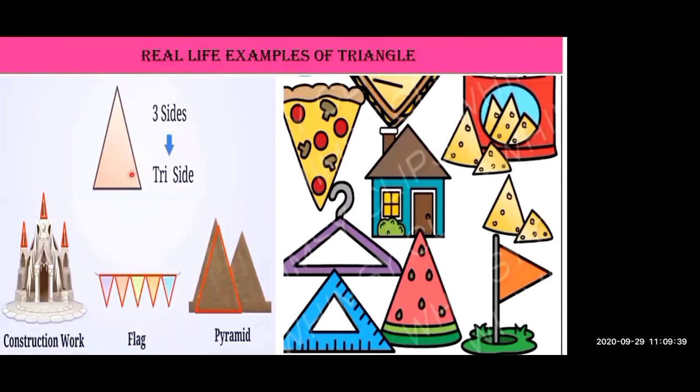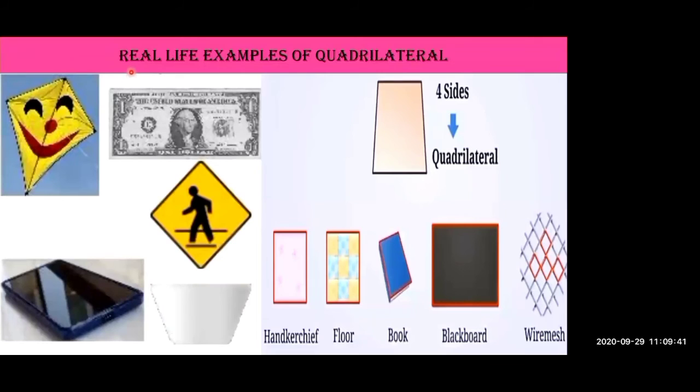Now these are the real life examples of quadrilateral. Kite, note, this signboard. Even our mobile phone is also an example of quadrilateral. This cup, handkerchief, floor ki tiles designs, book, blackboard, wire mesh. These are all examples of quadrilateral.